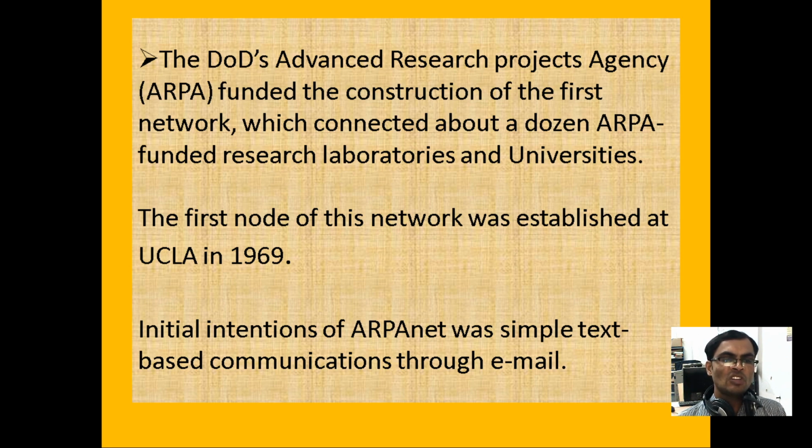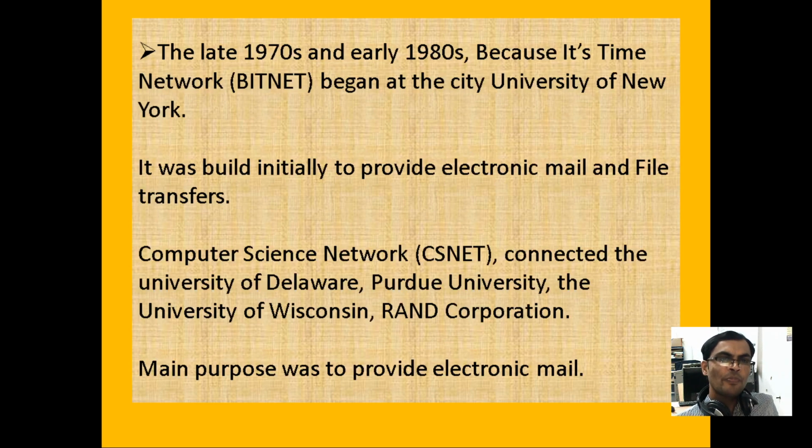The main intention of ARPANET was to send a simple text message through email. In the late 1970s and early 1980s, two networks came, BitNet and the Computer Science Network. The main purpose of BitNet was to provide electronic mail and transfer files.